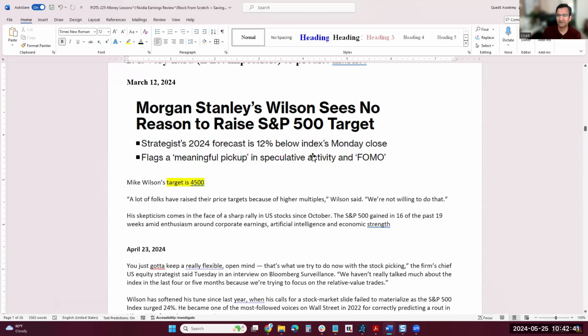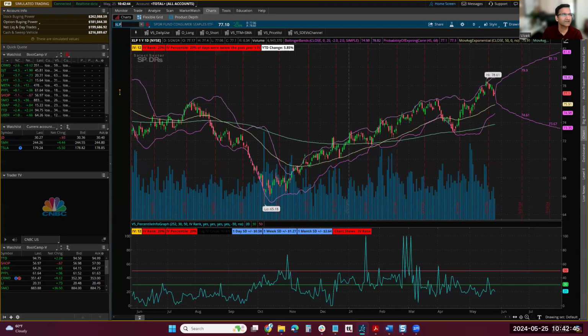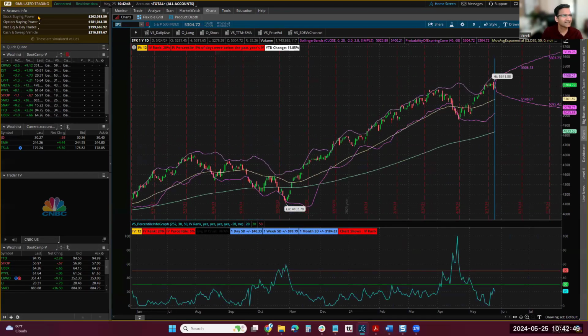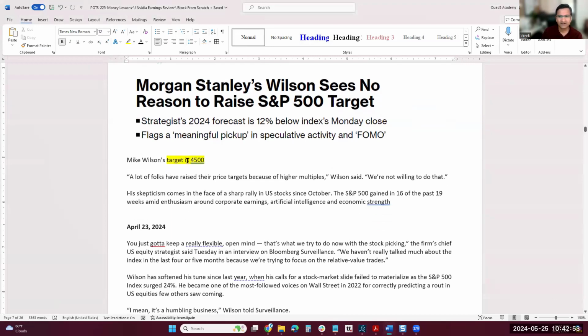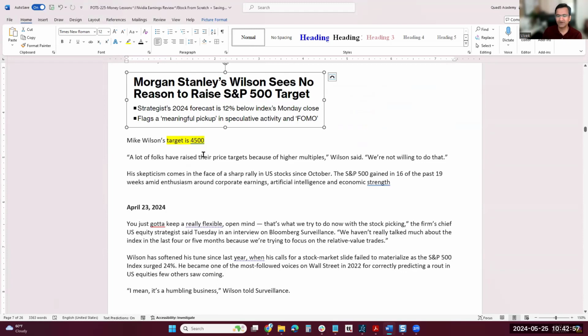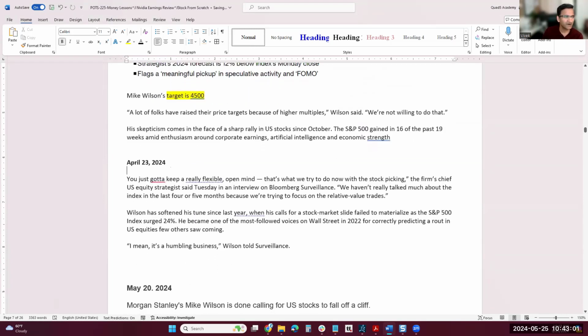Today, S&P trading at what, 5,300 or close to that? I don't know where it closed on Friday. SPX 5304. So 2023 didn't really work out for him. In 2024, he says, no, I think the market is still overvalued. In April he became a little flexible. In one of the interviews, he said, you got to keep a really flexible, open mind.